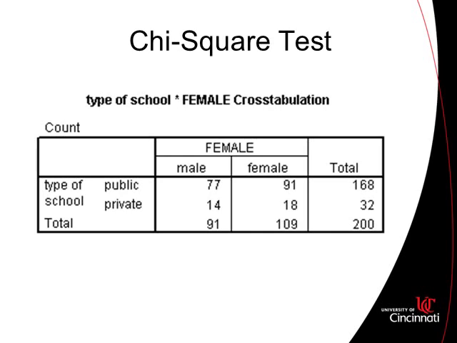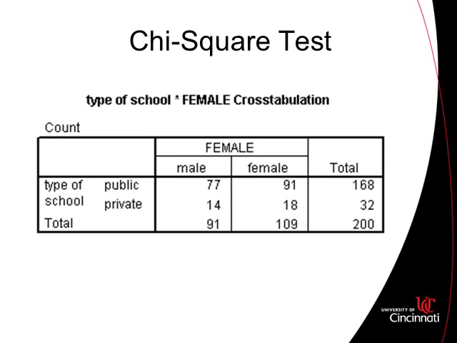So we have 44 males that attend public school and 14 that attend private school, and 91 females that attend public school and 18 that attend private school. So in total, 168 people attend public and 32 attend private. Looks like they looked at a total of 200 people, 109 of which were female and 91 that were male.